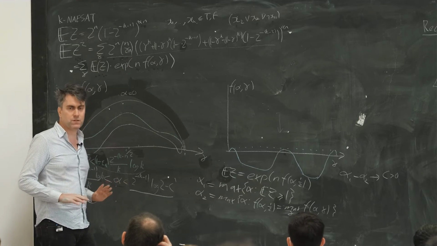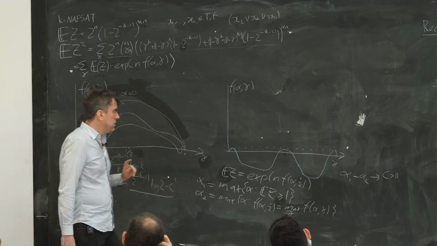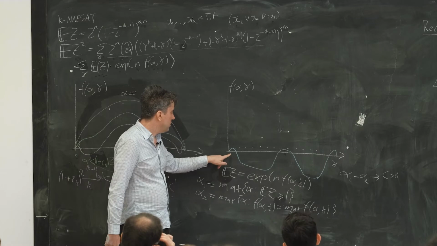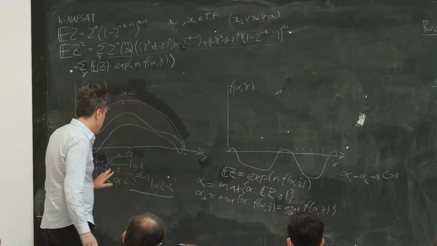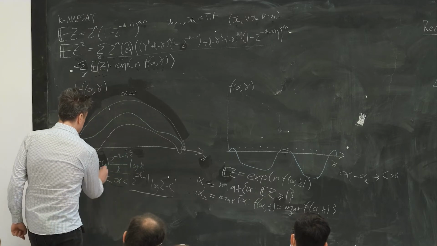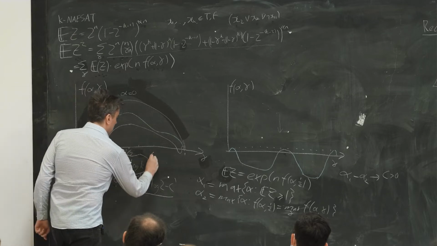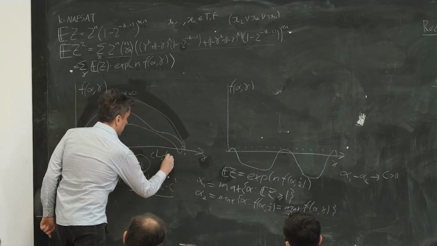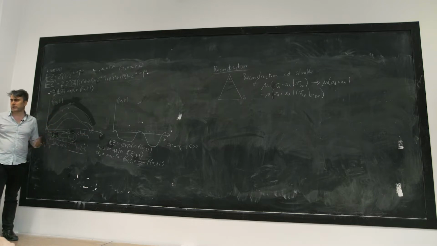Any other questions? Okay. And I should say, this one is the threshold for when we get clustering. And we can work out similar thresholds in other models as well.